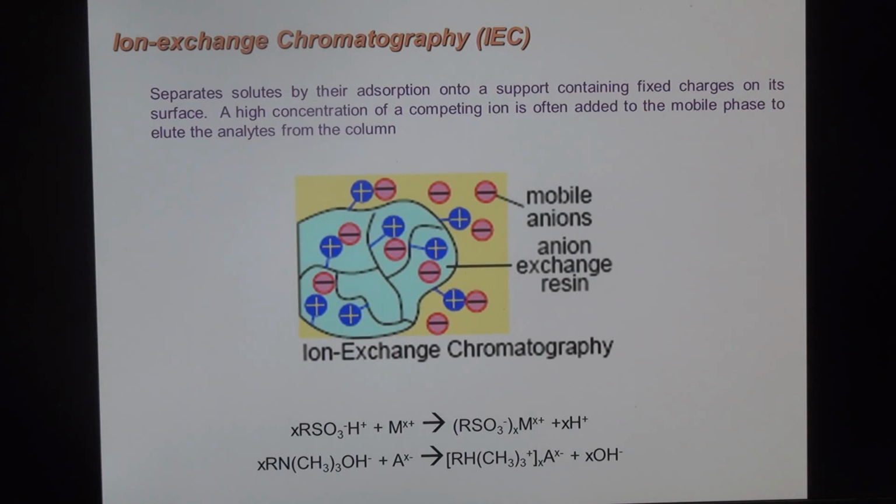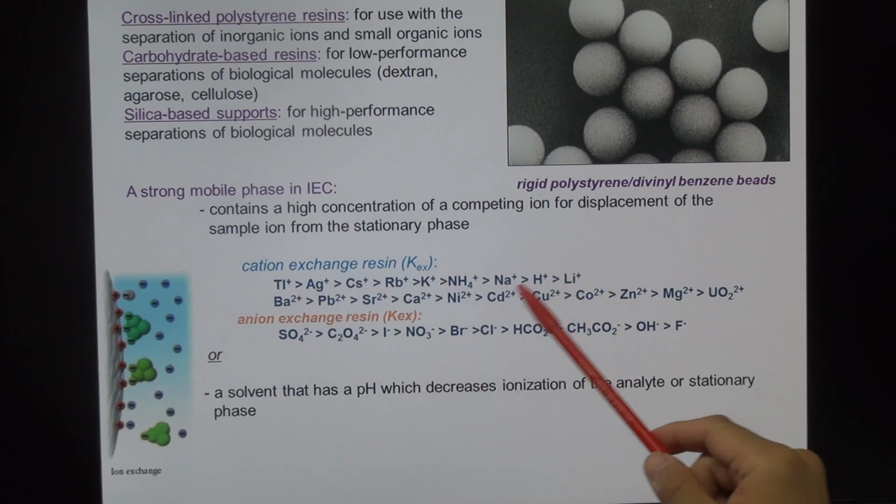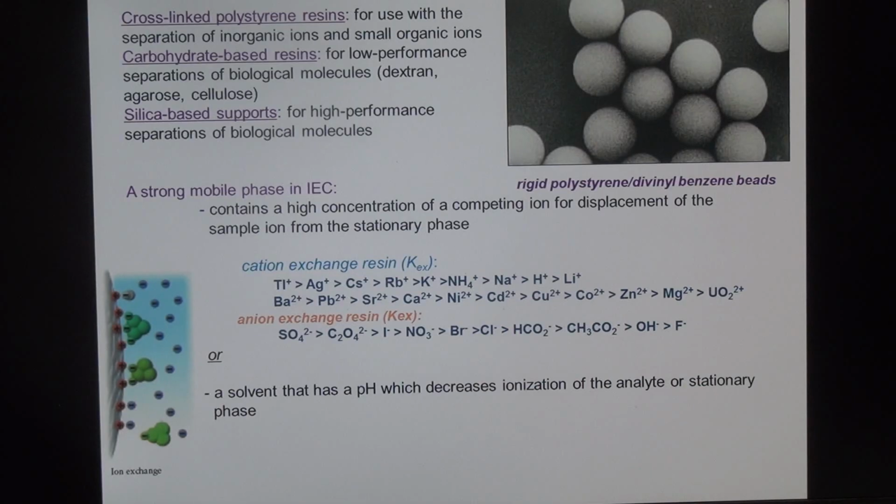If negative ions are present on the solid support, they can separate positive ions. We use different kinds of resins or materials for solid support, and depending on the kind of support, they can be used for the separation of different kinds of positive or negative ions.